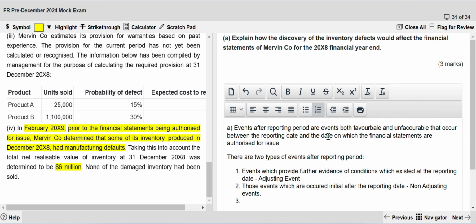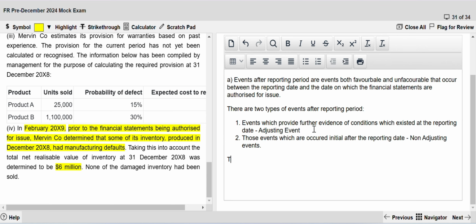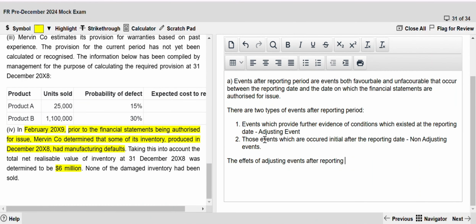Correct? Now what does the standard explain? The standard explains that the effects of adjusting events after the reporting date should be recognized in the financial statements, correct?